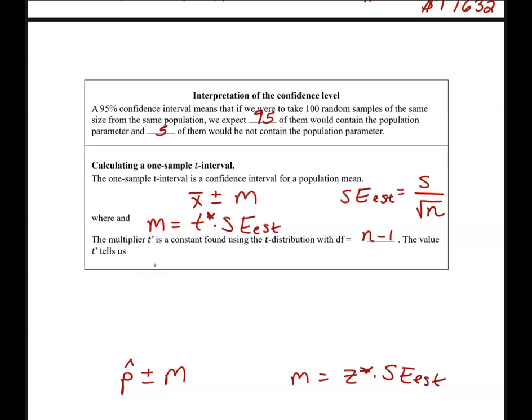But just like it did previously, that t star value tells us how many standard errors to include in our confidence interval. We'll use technology, StatCrunch, to help us do the details of this, but I want you to just kind of see what it looks like. We'll do maybe one in class tomorrow by hand, and then we'll use StatCrunch and look at some of the interpretations. So I'll see you then.